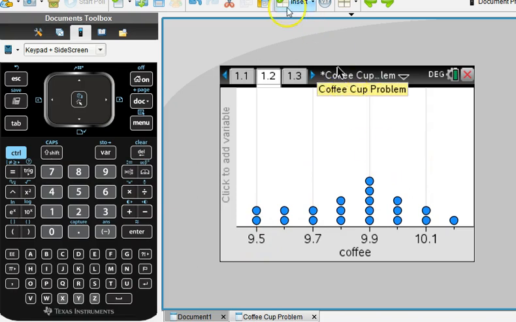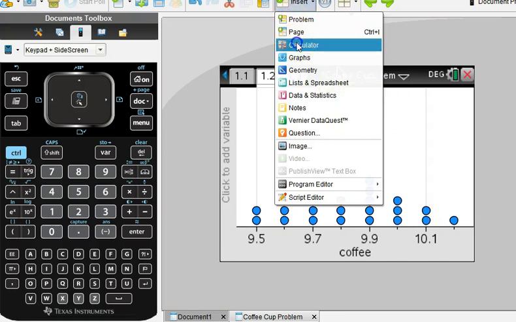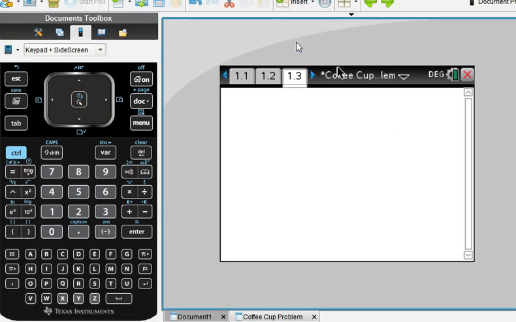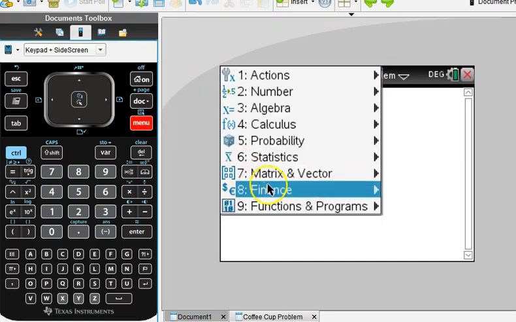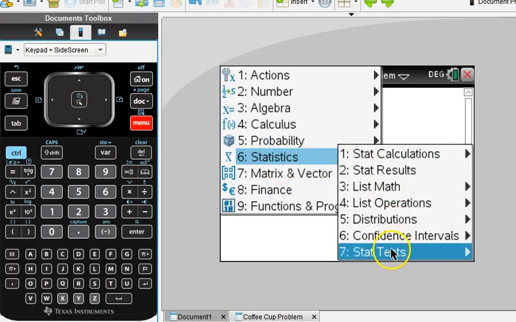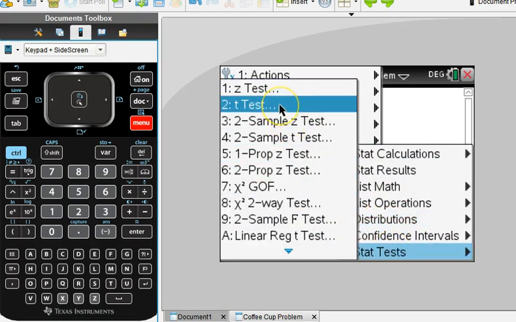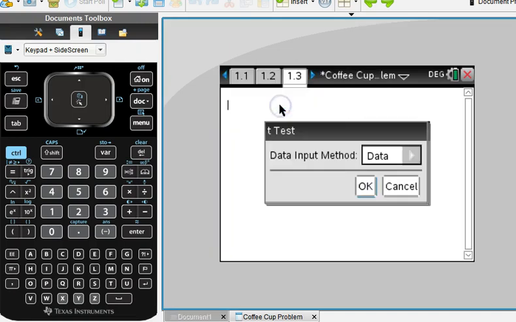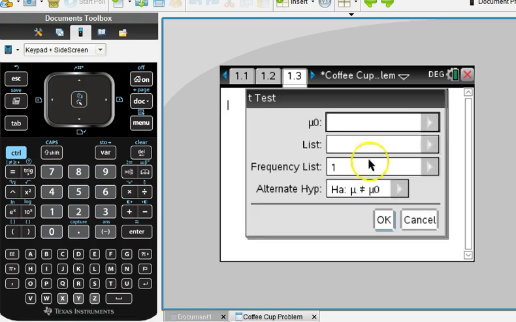But I am now going to do a t-test on the calculator. I suggest you do the t-test first and then fill in the formula using the t-test. So going to the menu, statistics, stat tests, and then the t-test right here, number 2. Our data input method is data. We could either use data or stats, but we are actually trying to get the stats right now. The data is a list of data.